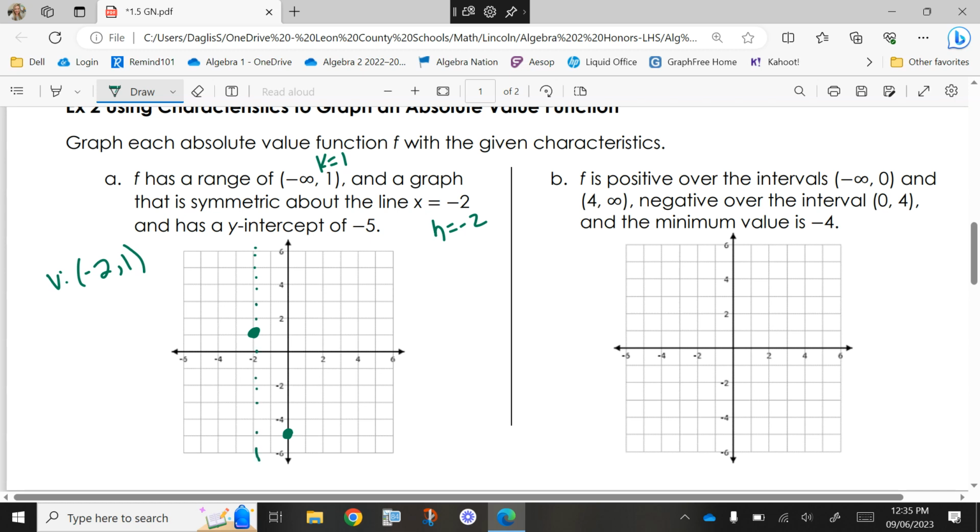The negative 2, right? So if we were 2 dots over here, we're going to go 2 spaces over here. There's my mirror image. Remember, the vertex sits on that mirror. So if I know one point on one side, I can do its mirror image on the other side. And now I have a V, like that.